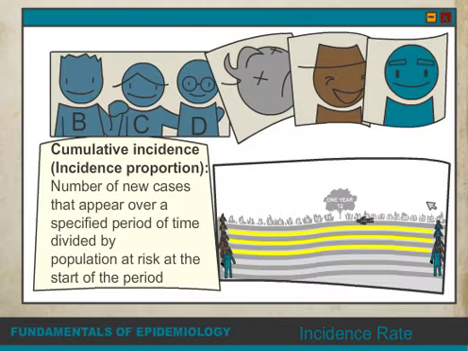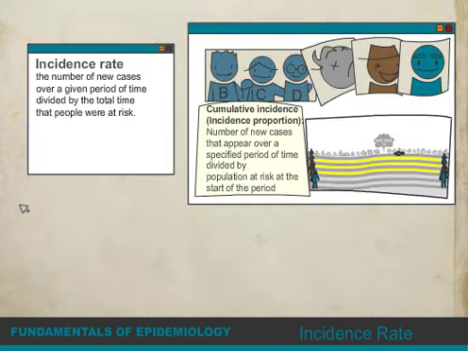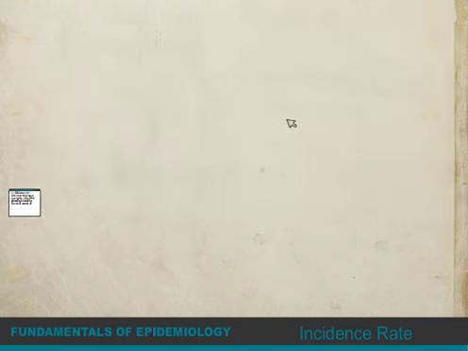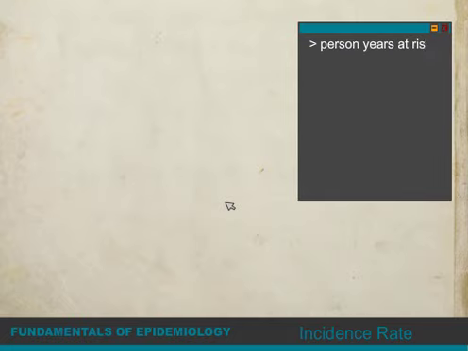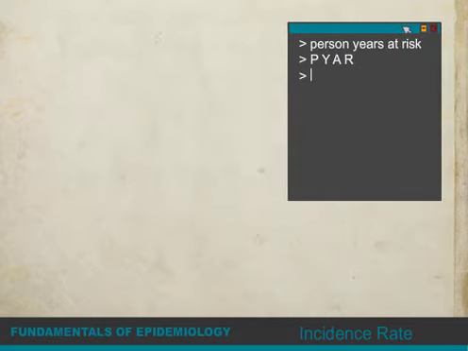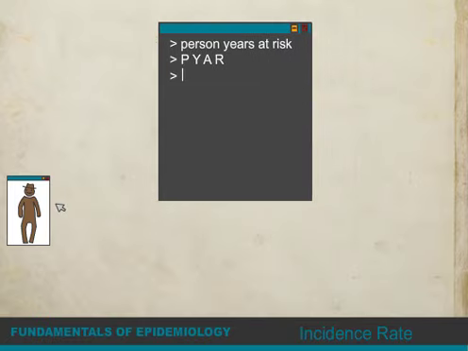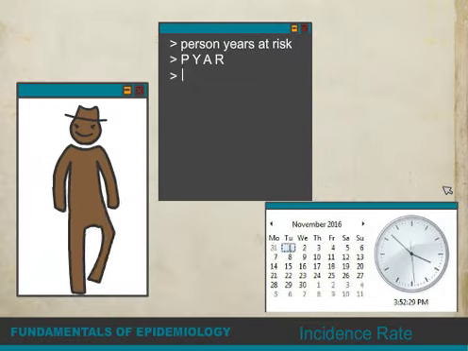You'll recall that to calculate cumulative incidence, we divided by the number of people at risk at the start of the period. But for incidence rate, we're dividing by the total time that people were at risk. We use the term person years at risk, or PYAR. One PYAR is the observation of one person for 1 year.